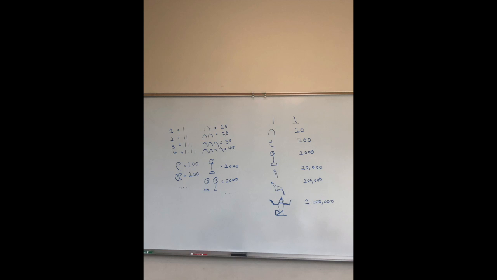As you can see to the left, there's a slightly more detailed description of the symbols. So for example, 1 bar would equal 1, 2 bars would equal 2, etc. Same with the horseshoes. So 1 horseshoe is 10, 2 horseshoes is 20, 3 horseshoes is 30, etc. And to the 100s place, you got the rope.